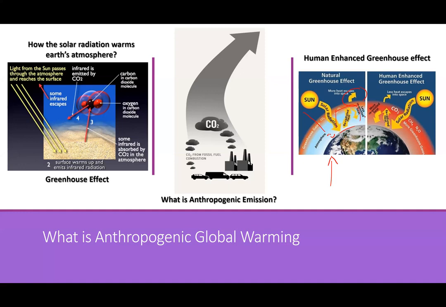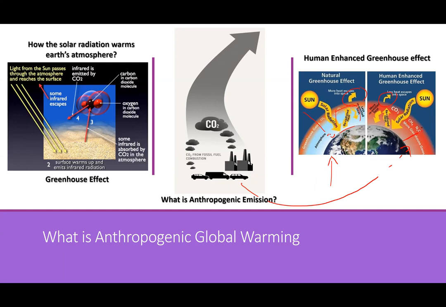However, because we are contributing to additional radiative forcing, a lot more CO2 is getting accumulated in the atmosphere, and our release of heat is much less. So that increases the global warming, or the greenhouse gas effect, and increases the temperature of the earth.